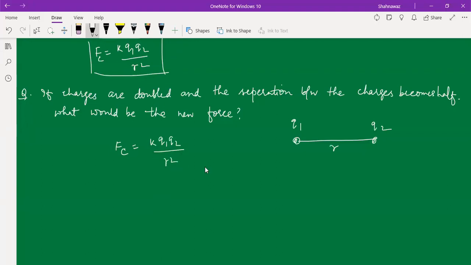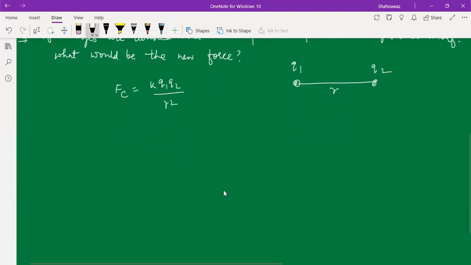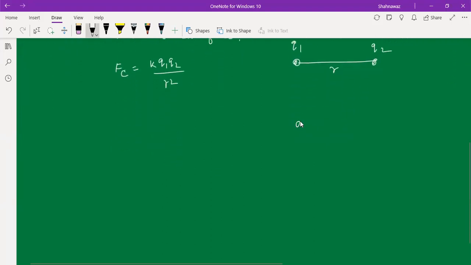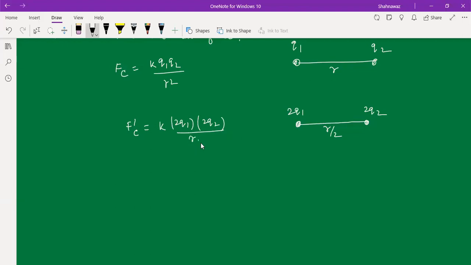But now the charges are doubled, so this is 2Q1 and this is 2Q2, and the separation is R by 2. So the new force would be K, 2Q1 and 2Q2, by R by 2 whole square.